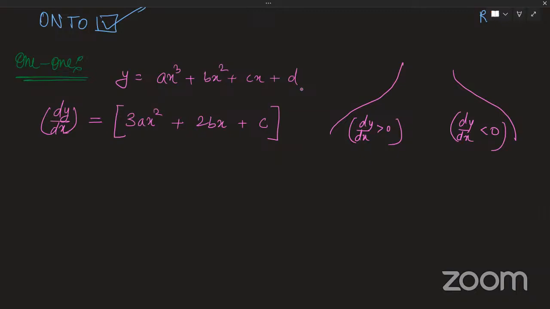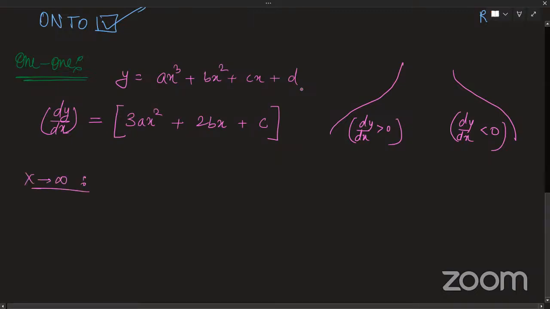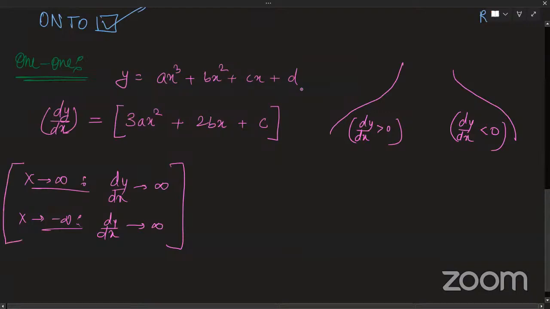Greater than 0, obviously. Why? It is very easy to prove. You put x tends to infinity, so my dy by dx will also tend to infinity. Similarly, if you put x tends to minus infinity, sorry, it will go to infinity only. So it is remaining positive, you go either side on the x-axis.